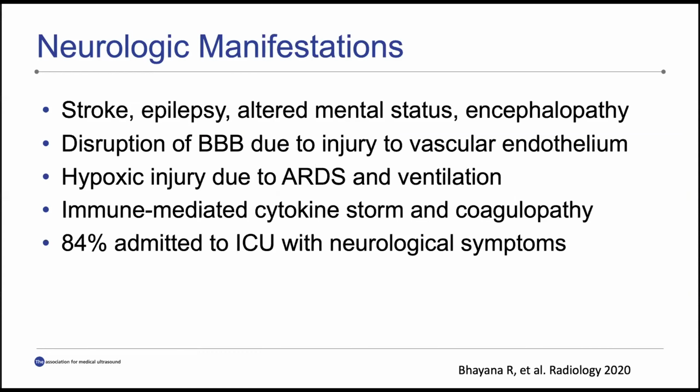Hypoxic injury to the brain may also be related to acute respiratory distress syndrome and inadequate ventilation. We also recognize that there's going to be coagulopathy, cytokine storm. And we found that 84% of patients were admitted to the ICU with neurological symptoms in addition to the other problems that they presented with.